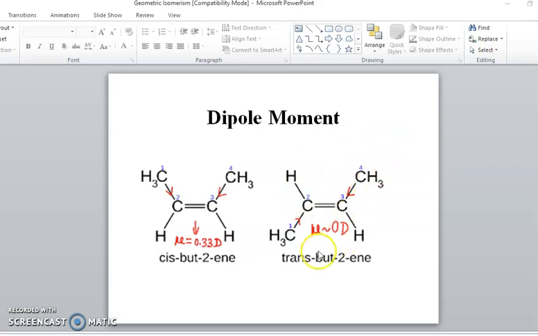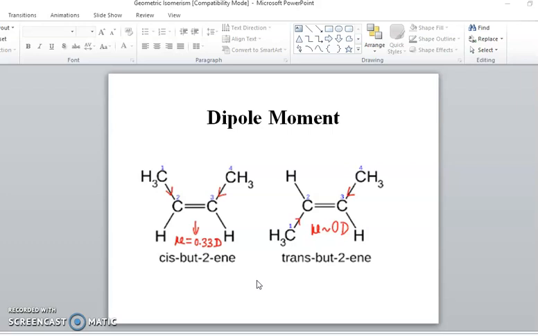Look at this molecule, what happened? Here again, the dipole vector is oriented with its head projected in this direction, and here it is in the opposite direction. So the vectors are in opposite directions, and the net dipole moment is cancelled and it is 0. So the conclusion is, the cis isomer will have a certain dipole moment, while for the trans isomer the dipole moment will be almost nil.